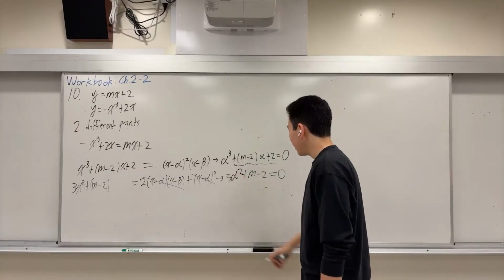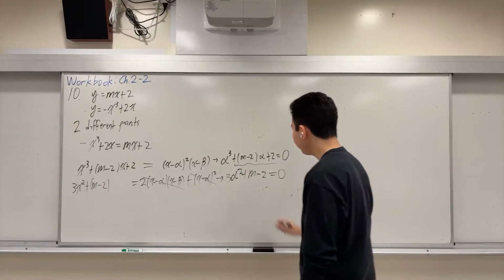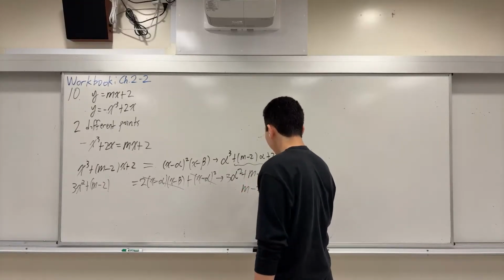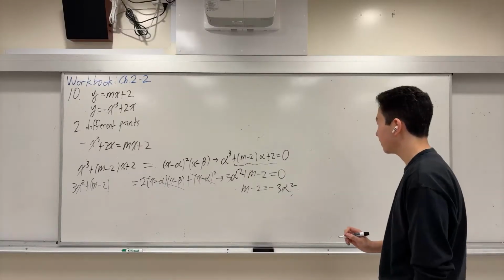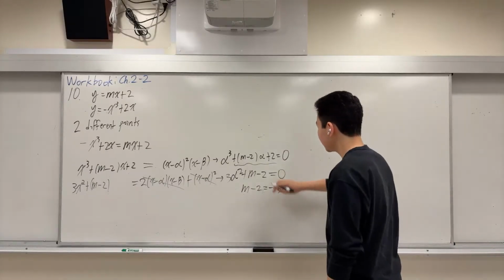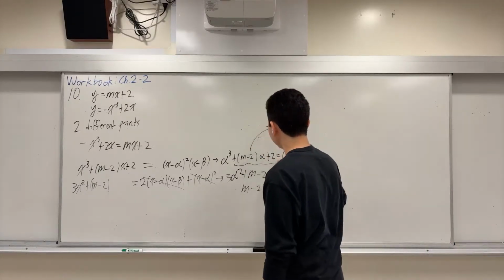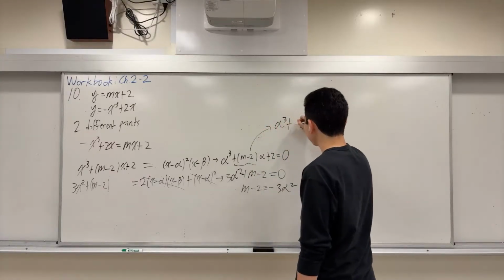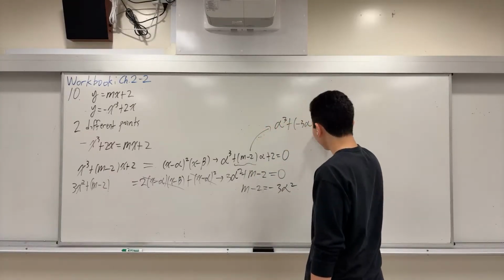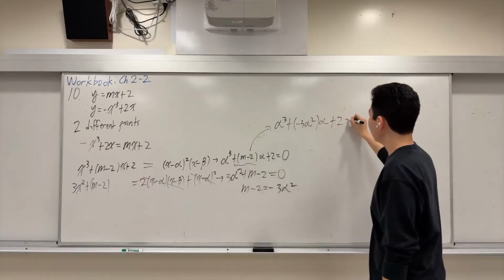Okay, so we should get m minus 2 equals negative 3 alpha squared. And then we can substitute m minus 2 back in here. So we'll only substitute this part. So that means alpha cubed plus minus 3 alpha squared, alpha plus 2 equals 0.